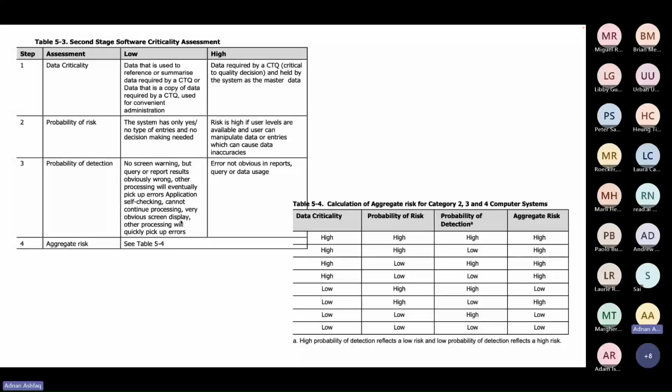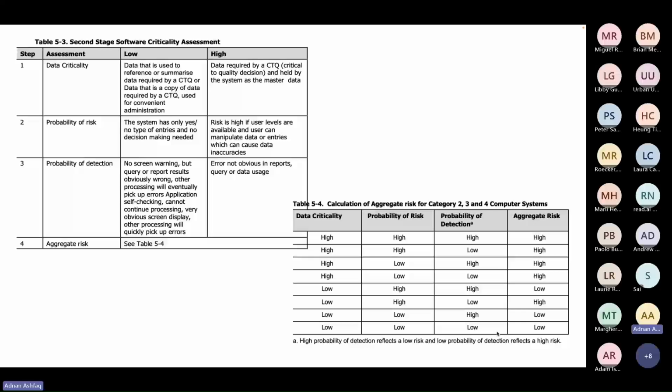If you've got no screen warning, but a query or report results in obviously wrong, other processes will eventually pick up the errors, and then application self-checking cannot continue processing. That's where you've got a low risk. But on the other hand, if you've got something flagging up which detects something that's going wrong, that's a lower risk. So that's why that should be high.